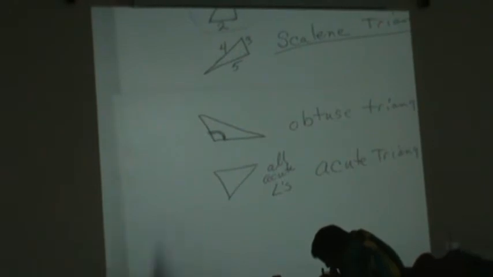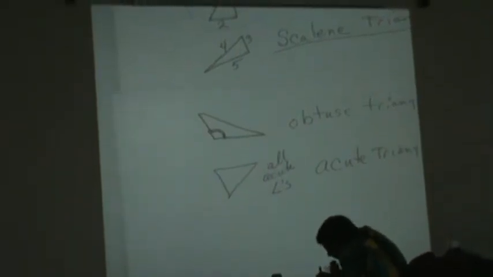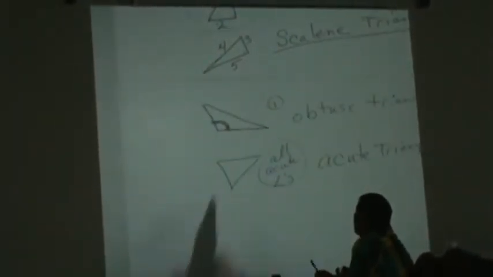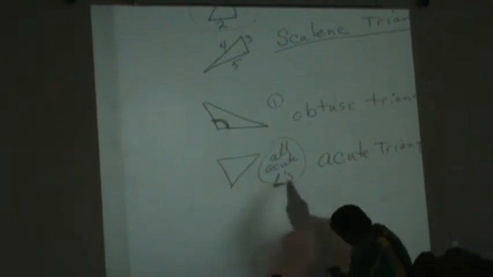There's only going to be one obtuse angle, because once you do more than 90, then you can't add more than 90 to get 180, okay? These two have to be less than 90. So one obtuse angle, or all acute angles.